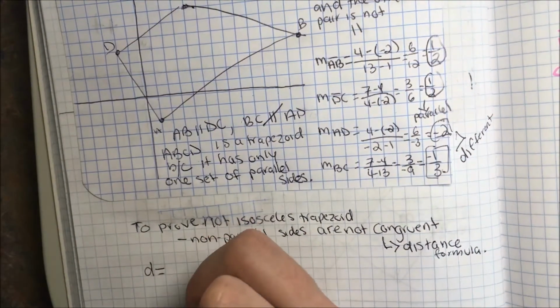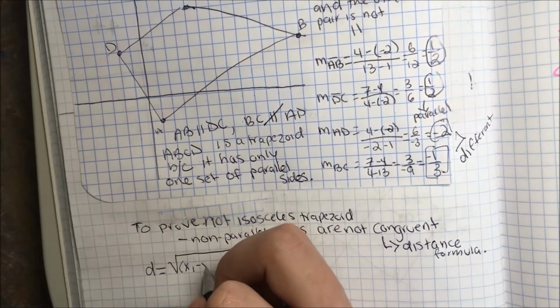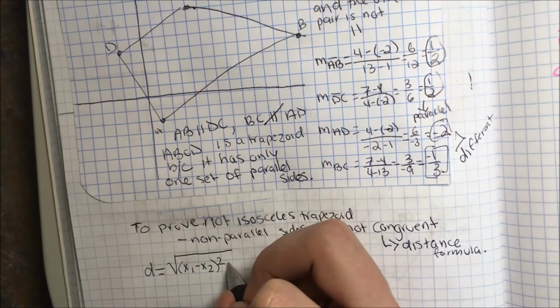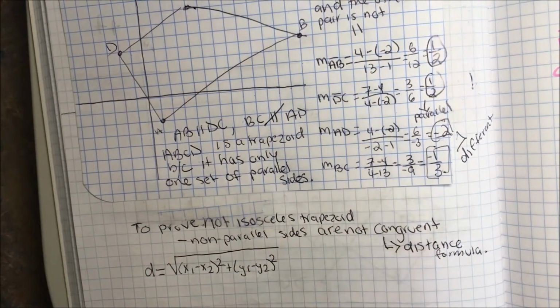So our distance formula is the square root of x1 minus x2 squared plus y1 minus y2 squared.